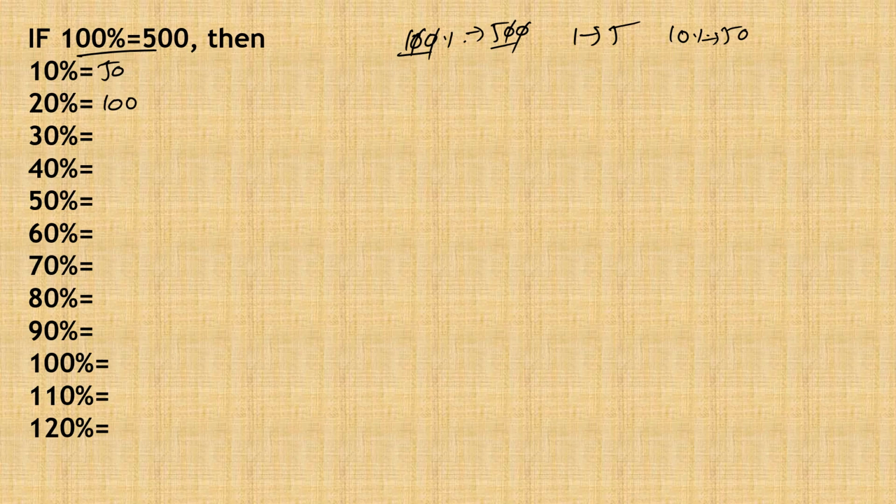30%, 5 3s are 150. 40%, 5 4s are 200. 50%, 5 5s are 250. 60%, 6 5s are 30, 6 50s are 300. 70%, that is 50 into 7, that is 350. 80%, that is 50 into 8, 400. 90%, 50 into 9, that is 450. 100% is 500.